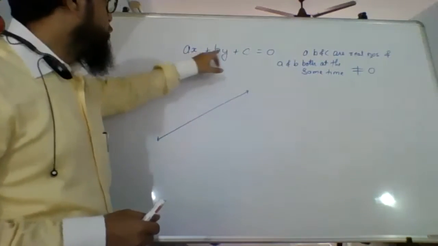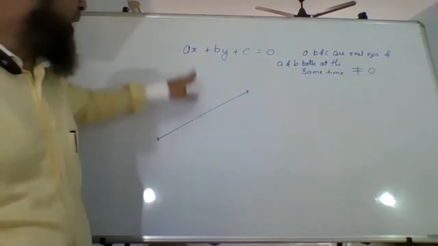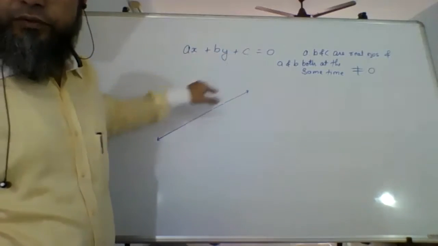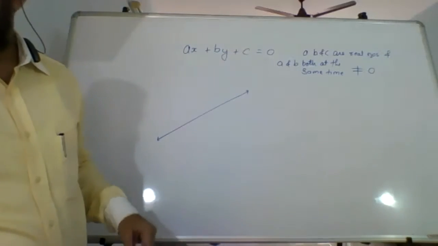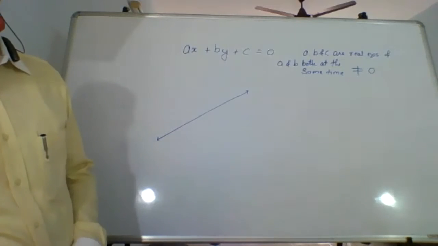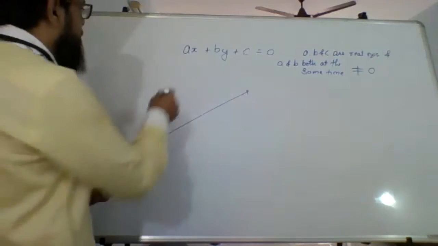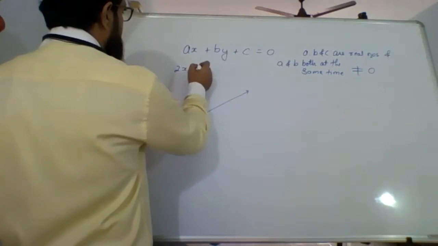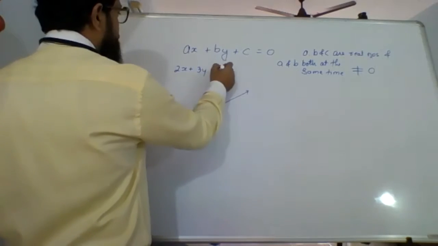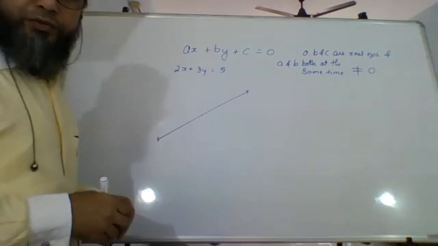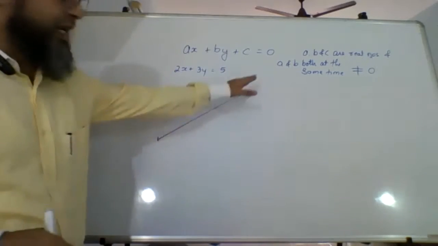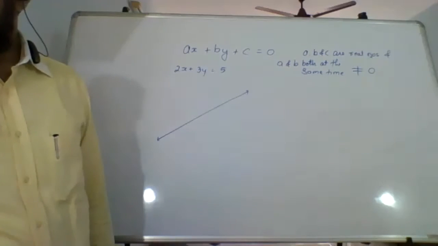That means those values of x and y which fulfill this equation will lie on this line. For example, let's say this is that line, 2x plus 3y equals 5.